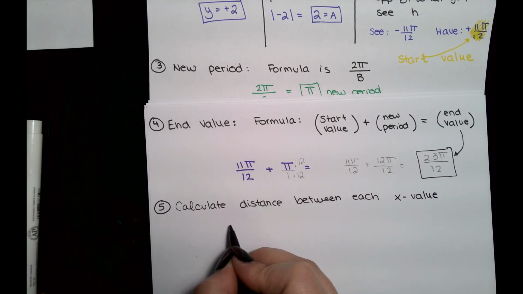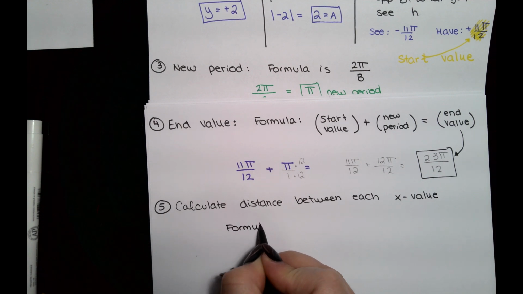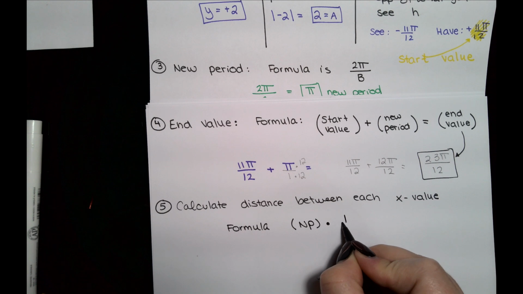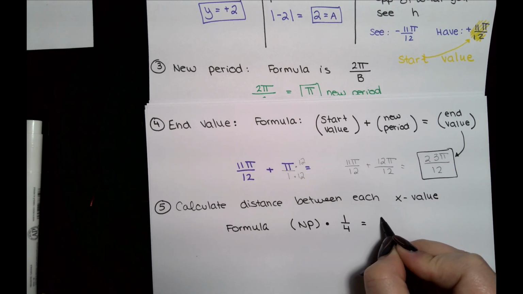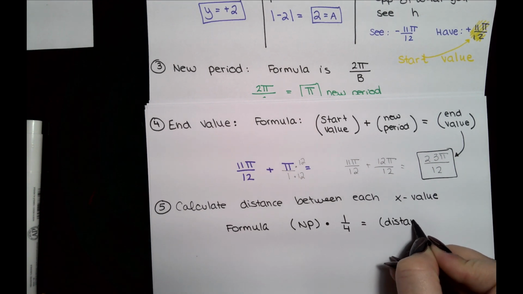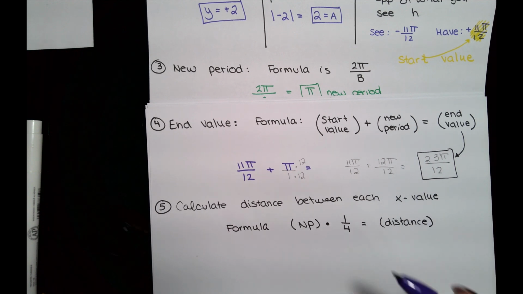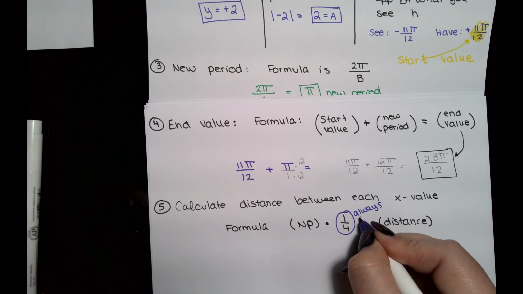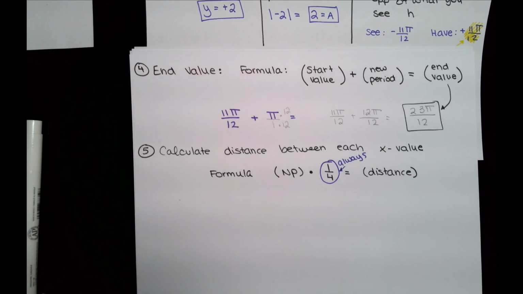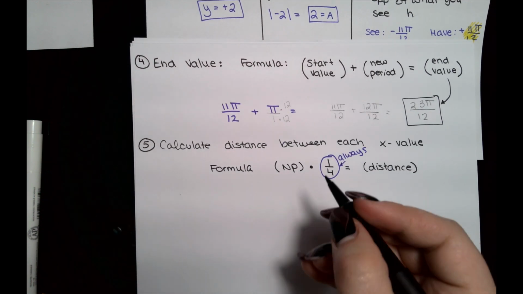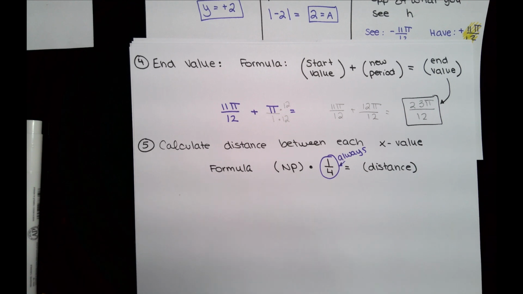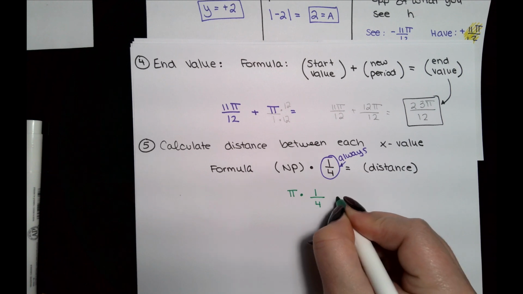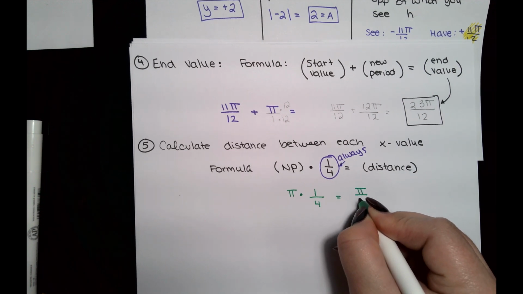And again, mini formula, and that is your new period times 1/4 equals your distance. And this 1/4 is always 1/4. That part doesn't change. So for us, we have our new period of pi. We're going to multiply that by 1/4. So that means our distance is pi 4ths.